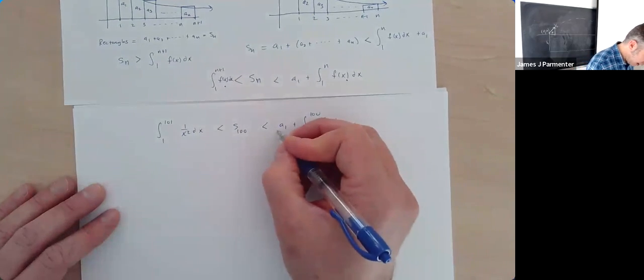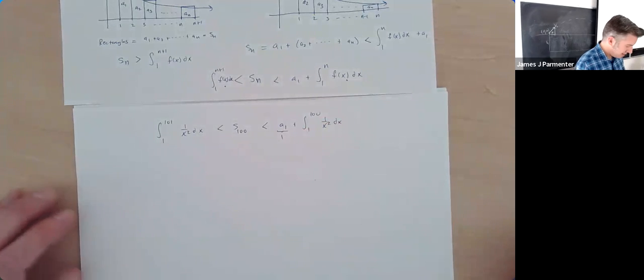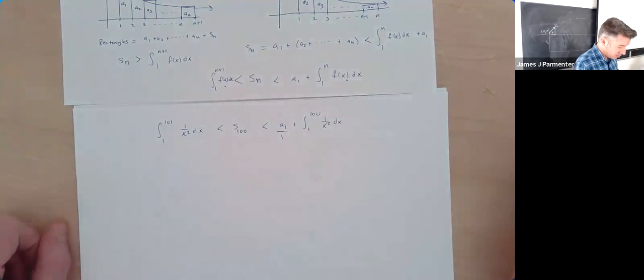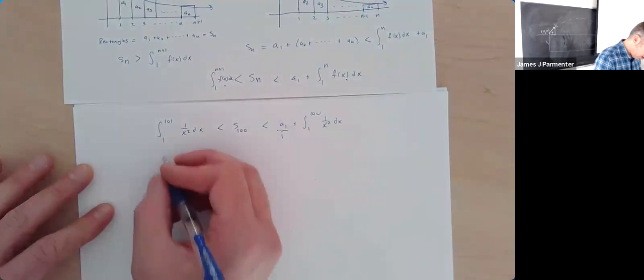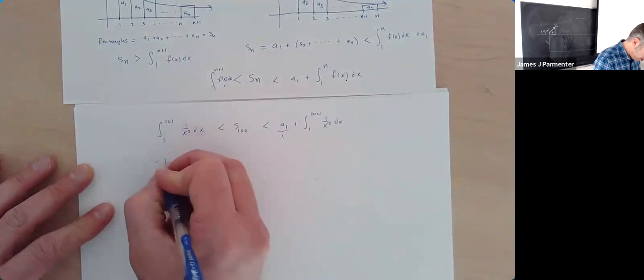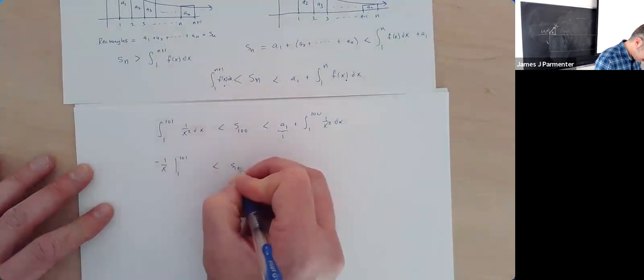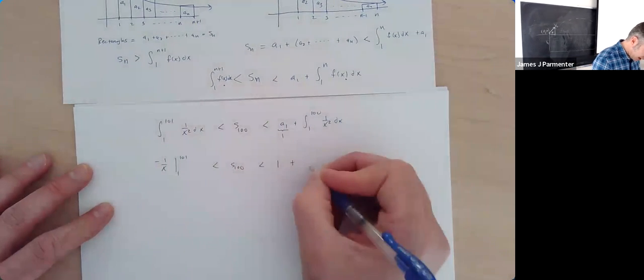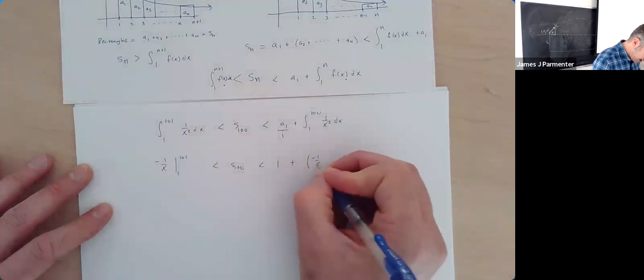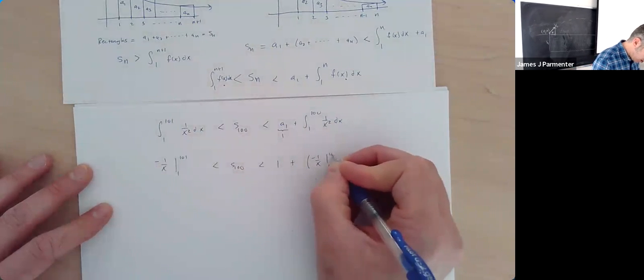And I guess I should plug in a1 equal to 1. And then I guess we could actually do the integral. So integrating this, we get negative 1 over x from 1 to 101. Here we get 1 plus, again, negative 1 over x from 1 to 100.